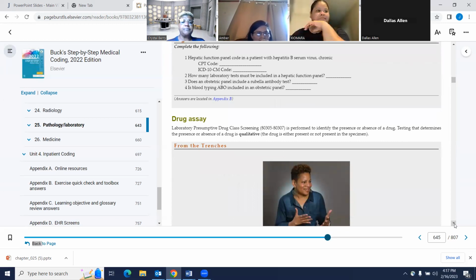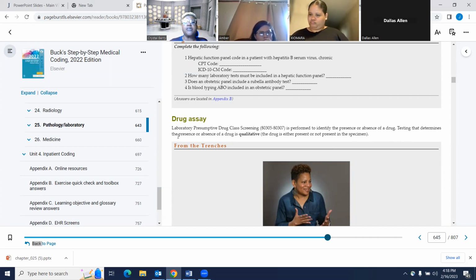Drug assay. Laboratory presumptive drug class screening. So for drug assay, this is the code range, 80305 to 80307. It's not that wide range at all. It's performed to identify the presence or absence of a drug.